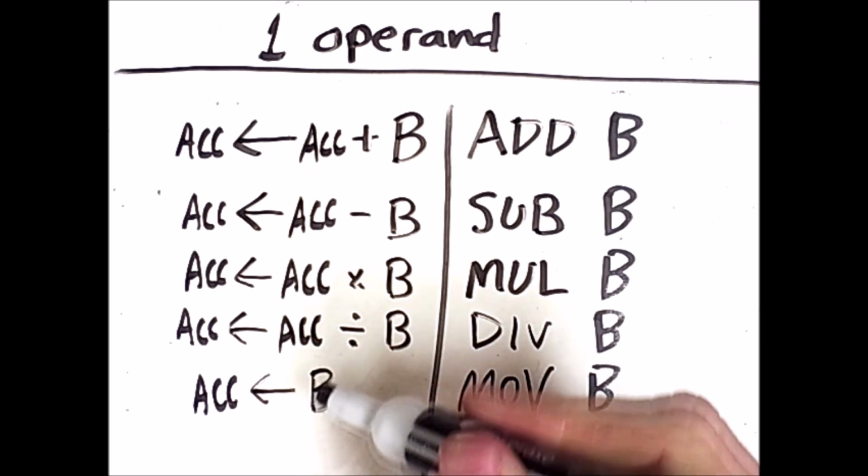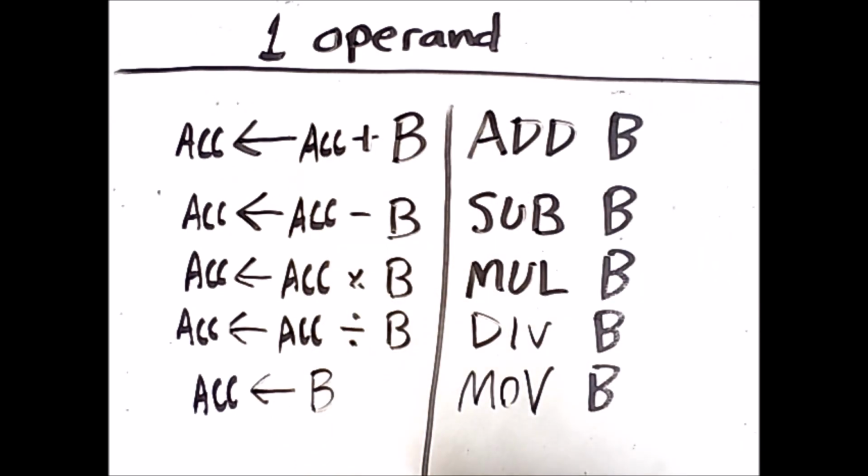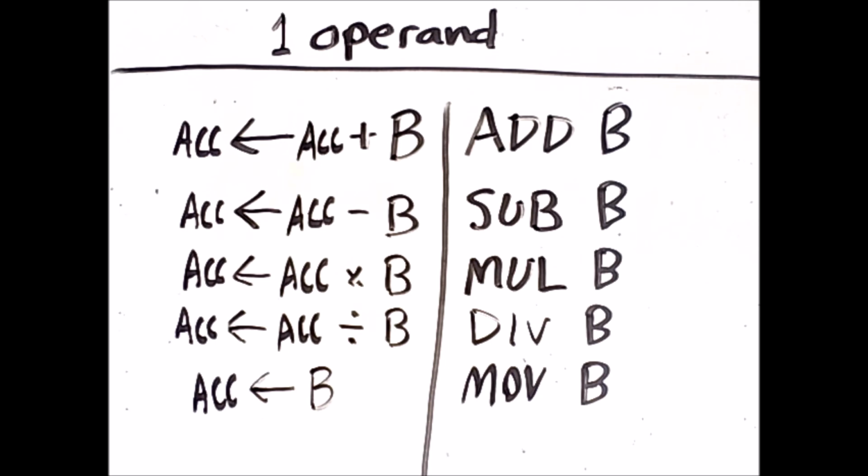Because the accumulator is a special register reserved for this special purpose, we can save space in our machine instructions by not specifying it over and over again. However, this adds complexity when writing programs, as we'll see in a moment. But before we can write complete programs, we actually have to add one additional instruction.